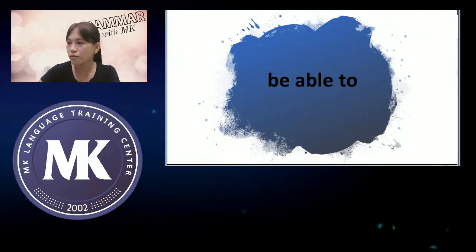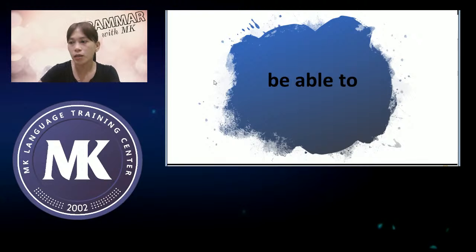Okay. Next we have be able to. Take note, be able to actually is not a modal verb. I just added this one because there are times that you cannot use can and could in some tenses, right? But this is not a modal verb.